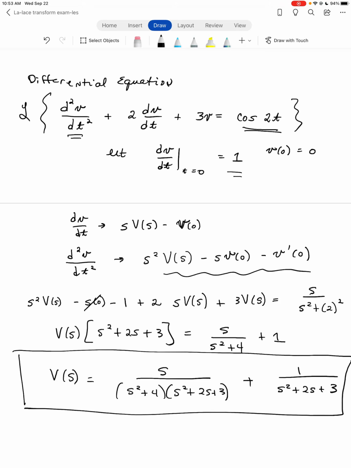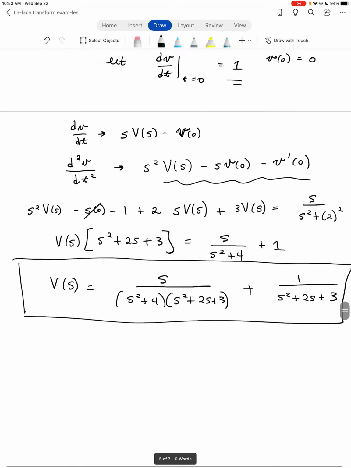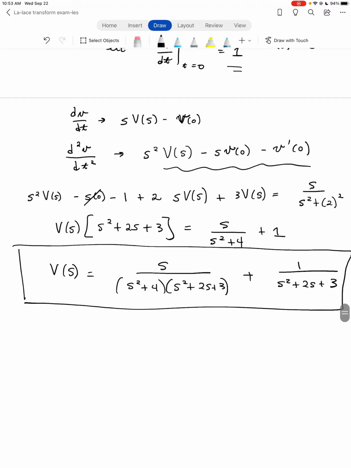So what we're going to do is transform that whole thing and get a Laplace expression. But now we have this expression in s, and really what we want is the solution. So the question is how to get v of t. The answer is that you take the inverse transform, so we're going to take L minus 1 of V(s).